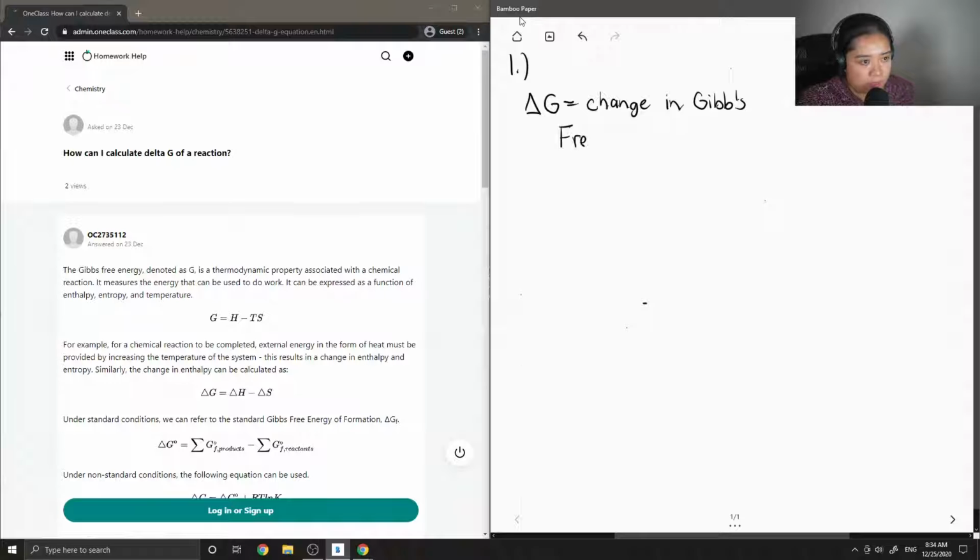So G stands for Gibbs free energy, and the delta always means that there is a change in the values. So Gibbs free energy is the energy used to do work.